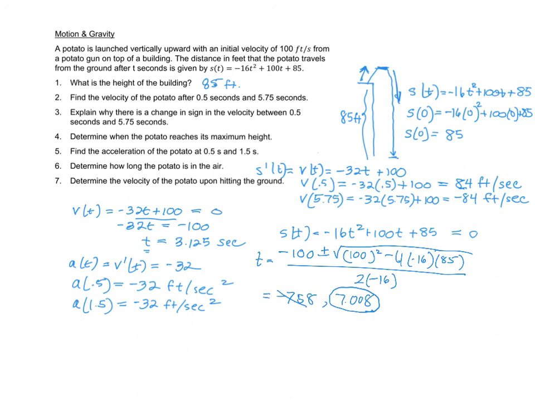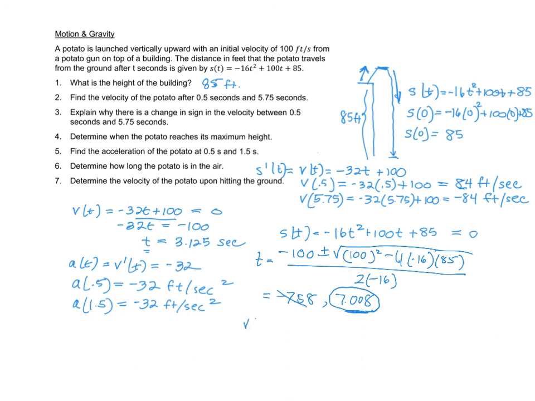And then determining the velocity of the potato upon hitting the ground. Now that we know the time it takes for the potato to reach the ground, we can plug that into our velocity function to find out with what velocity it hits the ground.